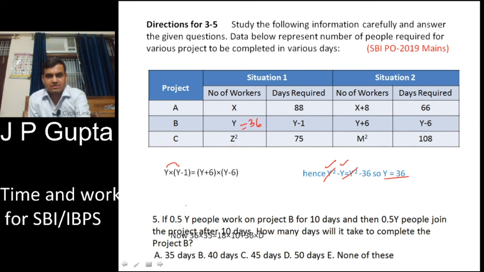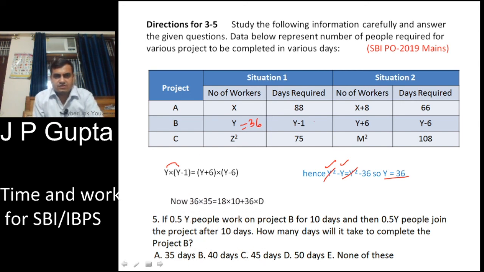How? In situation 1, this will be 35. So, 36 into 35 is the work according to situation 1, and the same work has to be done by 0.5 Y people, means half of 36.